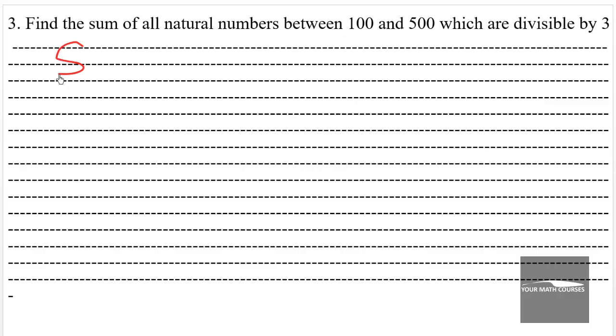So the sum of the first 133 terms in that sequence will be equal to 133 over 2 times the first term, which is 102, plus the last term, which is 498.